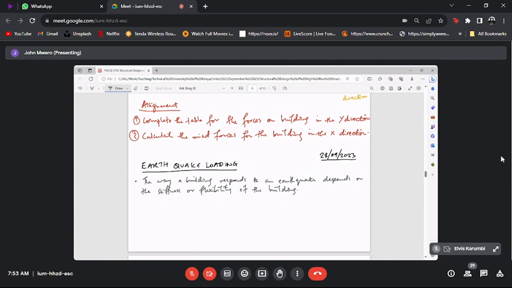Because in the building deforming, the energy that the earth imparts into the building by its motion gets absorbed, gets dissipated.